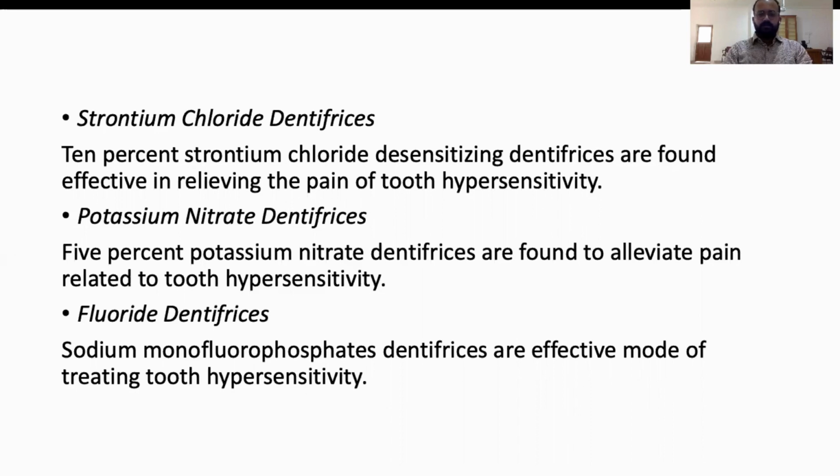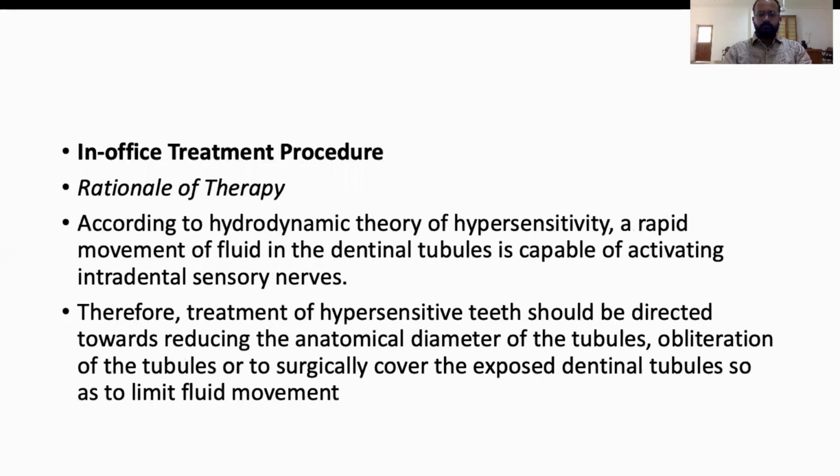Potassium nitrate dentifrices are also found to relieve pain related to tooth hypersensitivity, at around 5% potassium nitrate. Fluoride dentifrices like sodium monofluorophosphate are also an effective mode of treatment.